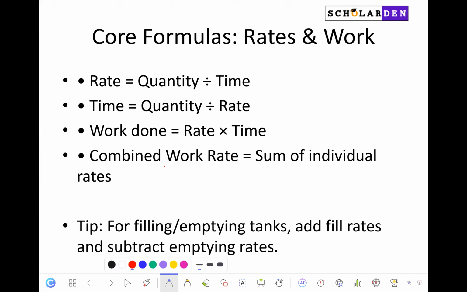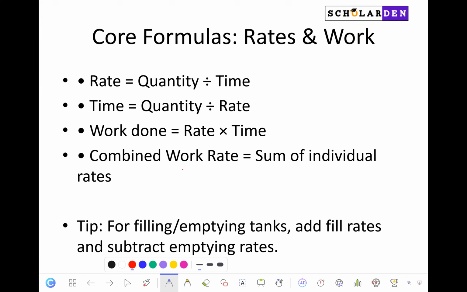So if you are supposed to find out the combined rate of multiple contributors, whether they are contributing to work or to, for example, inlets, which is a very common topic in GRE: there's a reservoir and some inlets are allowing some liquid, let's say water, to flow into the reservoir, and there are multiple inlets.